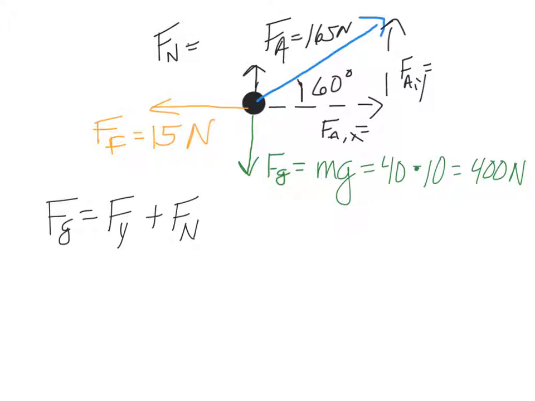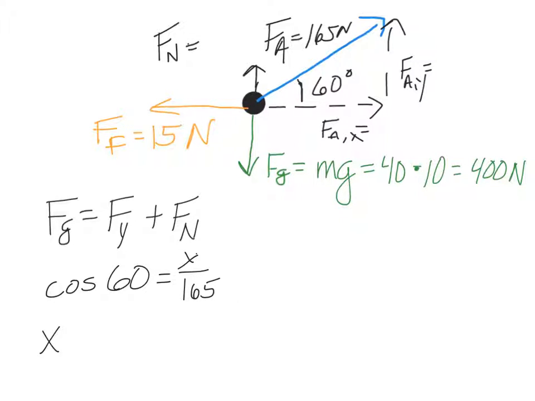But what I can do is start to calculate the other components of the forces. Let's start with the X component here, which runs adjacent to the angle of 60 degrees. I have the hypotenuse, so I can use cosine to solve for that. Cosine of 60 is equal to the X component over 165.